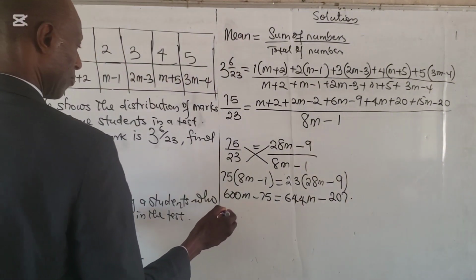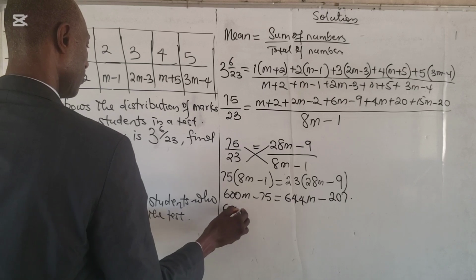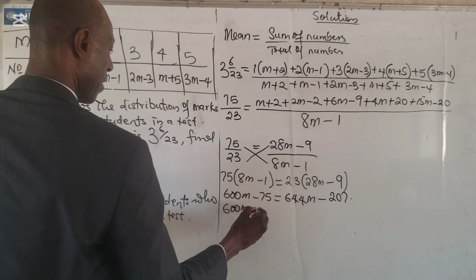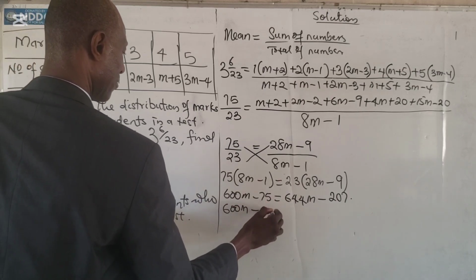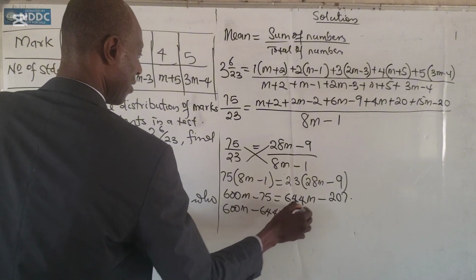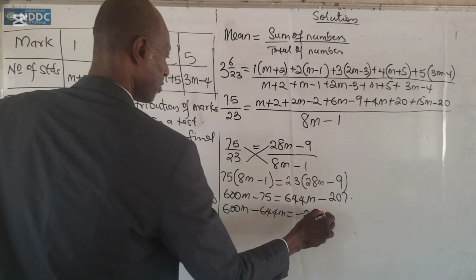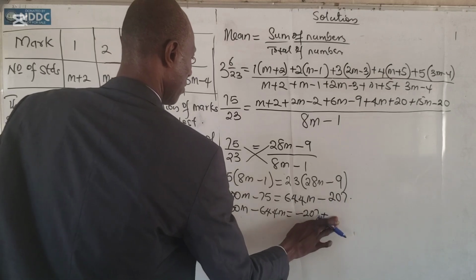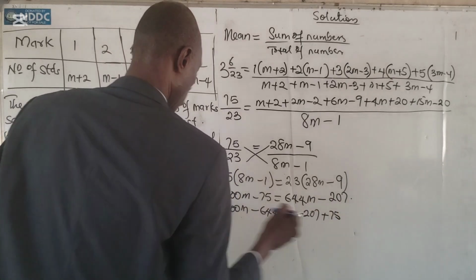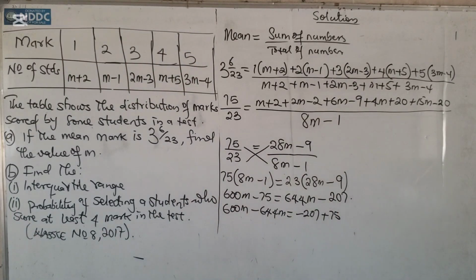Okay, let's collect the m to one side. 600m, this one becomes minus 644m, is equal to minus 207, this one becomes plus 75. Okay, so let us subtract.